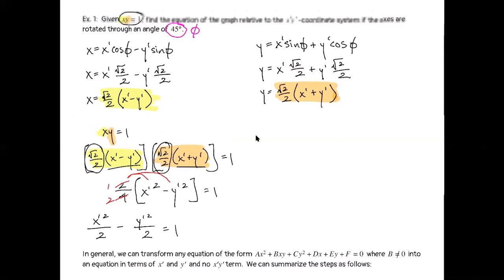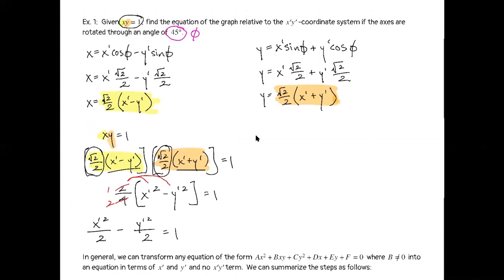So let me pause here for a moment. How are we doing with all the algebra and the substitution? So far, so good for me. Okay. This is an easy problem. They get worse, so don't worry about it.